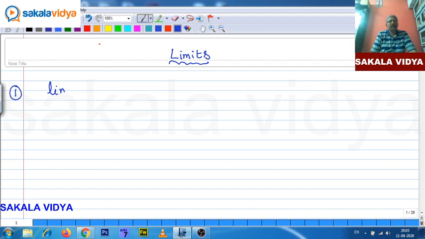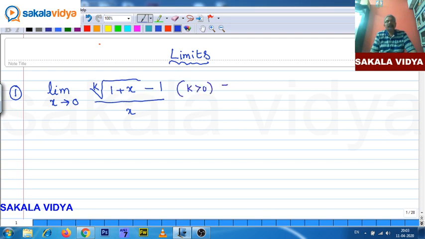Limit x tends to 0, kth root of 1 plus x minus 1 upon x equals, here k greater than 0, k is positive.